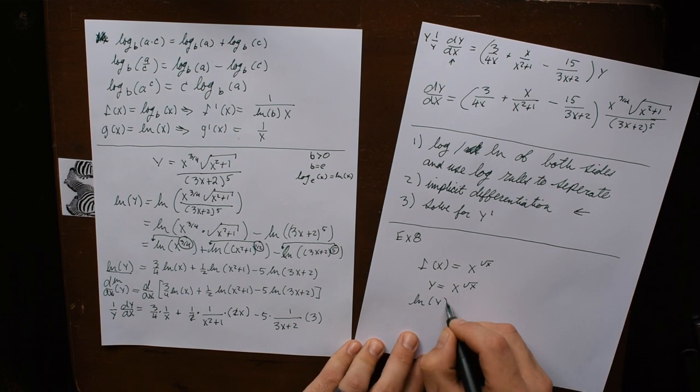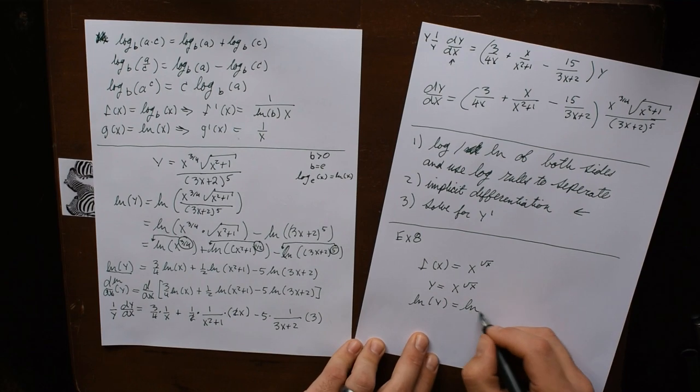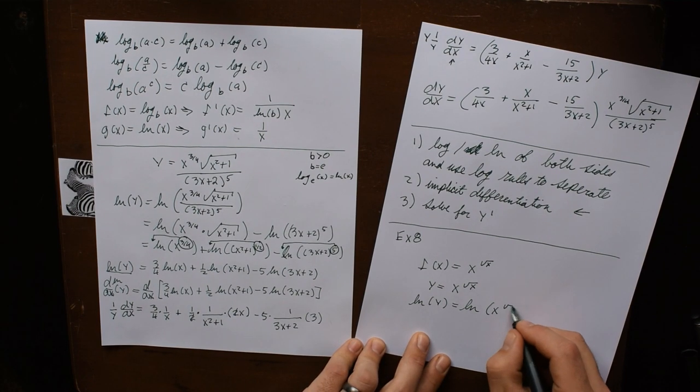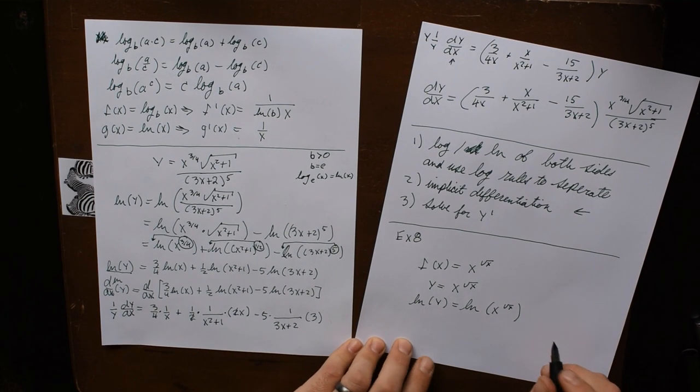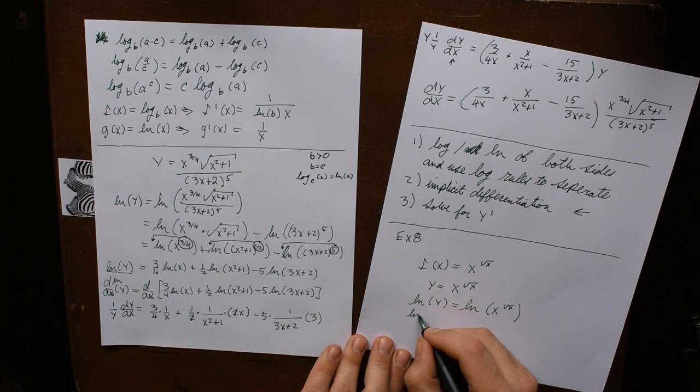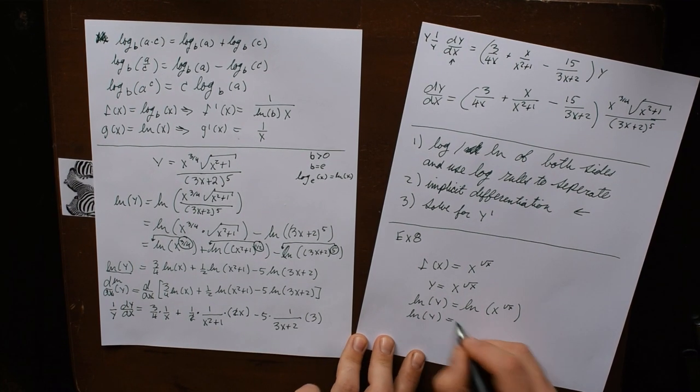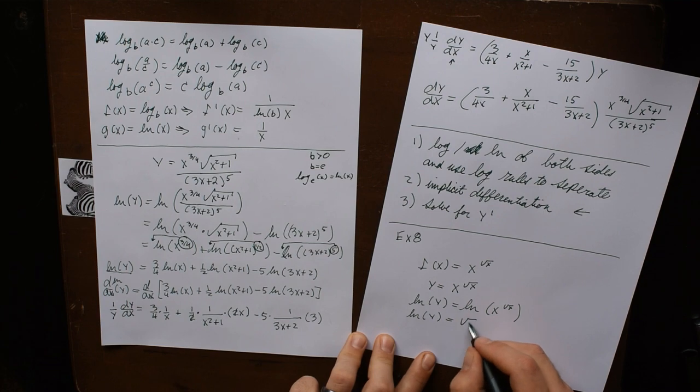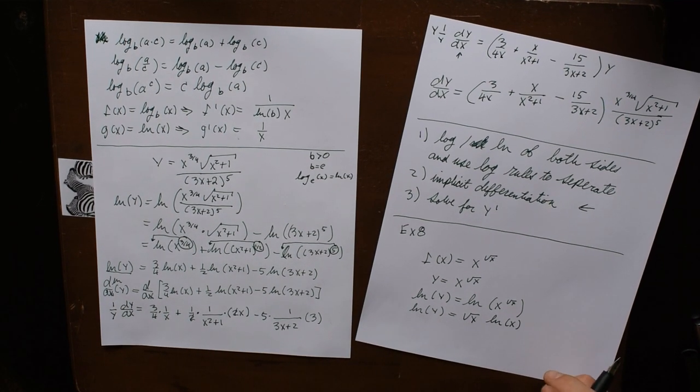But if we call y x to the square root of x, well, that means the natural log of y has to be equal to the natural log of x to the square root of x. Well, that means the natural log of y has to be equal to the square root of x times the natural log of x.